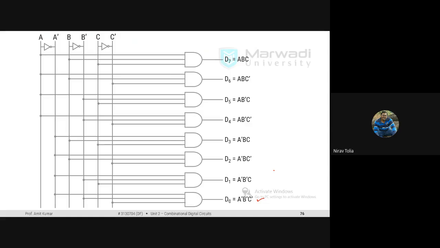So for D7, the equation is ABC. So we have two lines: the first line for A, another for A bar. Again, we have the line for B bar, C, and C bar. You can see here, A bar, B bar, and C bar.